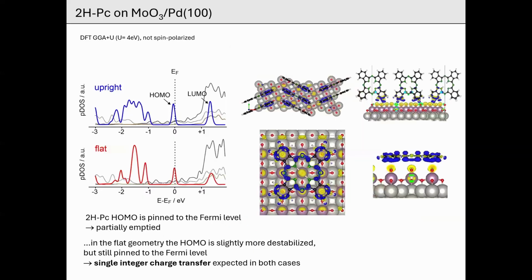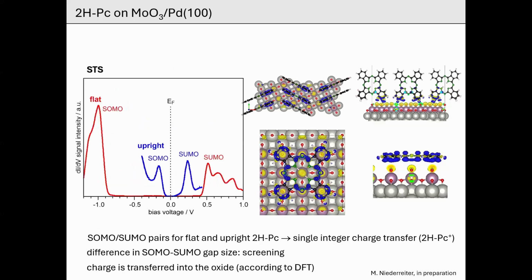DFT basically confirms this. DFT also puts for both the upright and the flat molecules the HOMO at the Fermi energy, meaning that we have Fermi level pinning here, so single integer charge transfer can be expected because we have a weakly interacting substrate, and our STS data also confirm this.